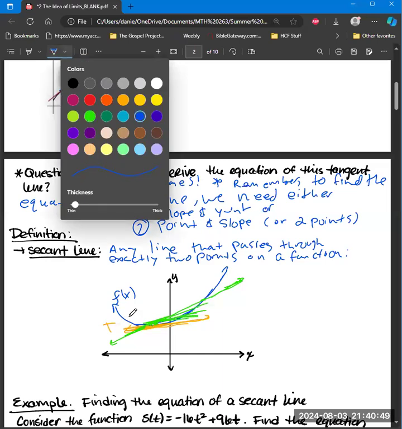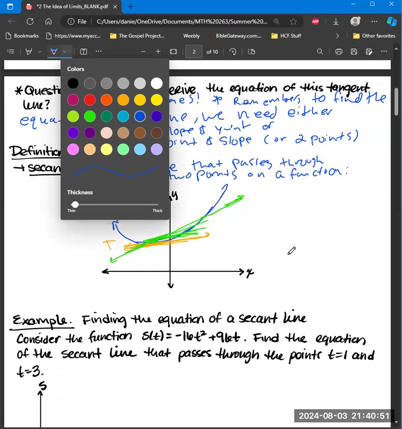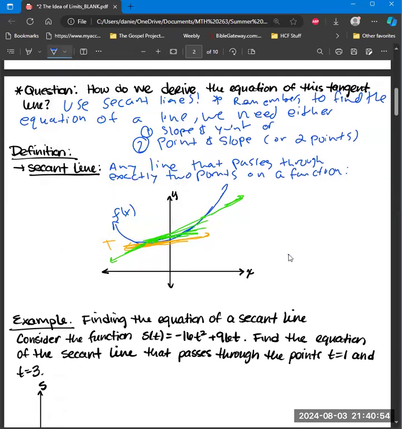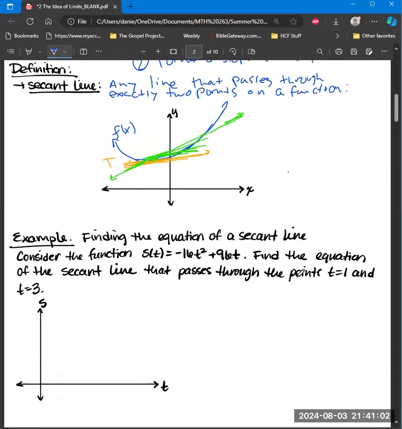So I can use the idea that 2 points determine a line and find the slope and squeeze in on the slope of that tangent line that way. So let's finish up my labeling here. This point up here is going to be b, f of b. This point here is a, f of a. And we have y equals mx plus b, this b not related to that b.